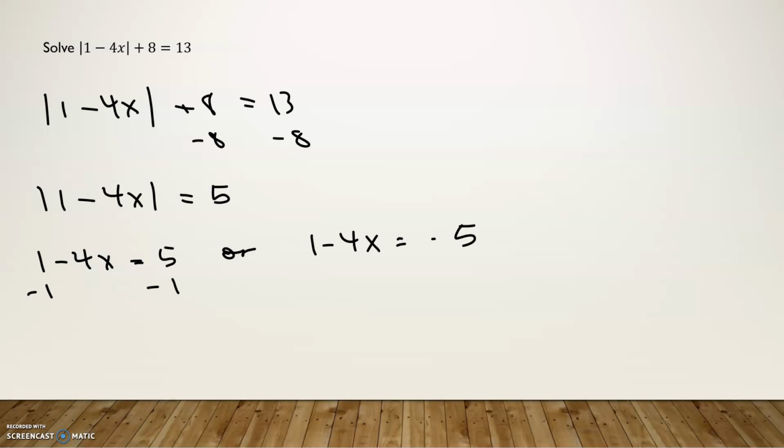So subtract 1, and I usually just go across because you do the same thing. So negative 4x is equal to, well, 5 minus 1 is 4. Negative 4x is equal to negative 5 plus a negative 1, that's negative 6. Divide everybody by a negative 4.